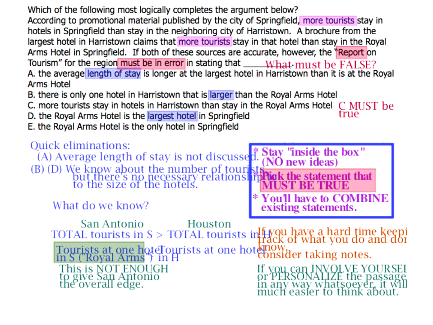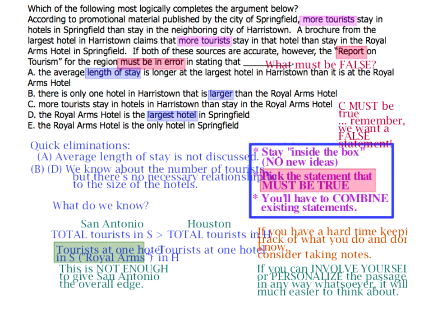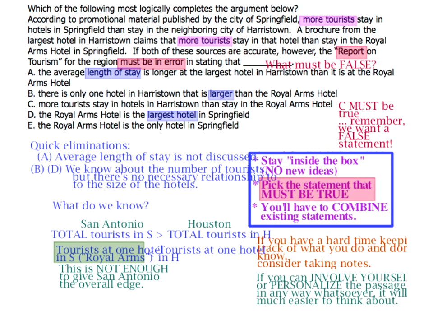Now, on the other hand, if it said which of the following is okay, then that's okay. But remember that we want a false statement, not a true statement. Okay, so E says that the Royal Arms is the only hotel in San Antonio. Well, that cannot be true, because there has to be tourists staying somewhere else in order for this to work.